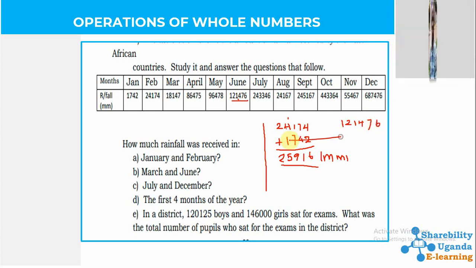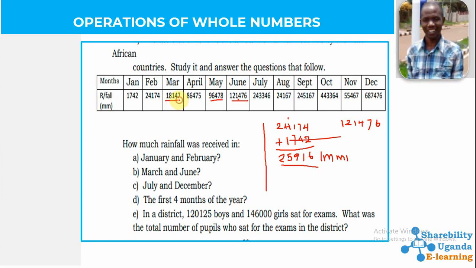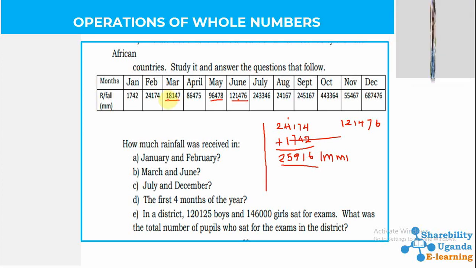Then we also add our other number. Then we come and pick our March. We have our March, which is here. It is 18,147.